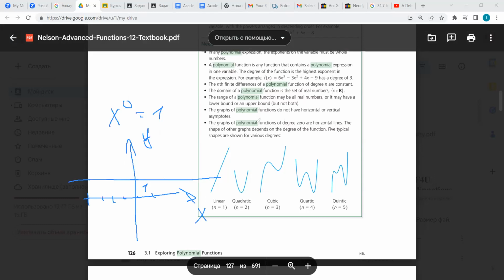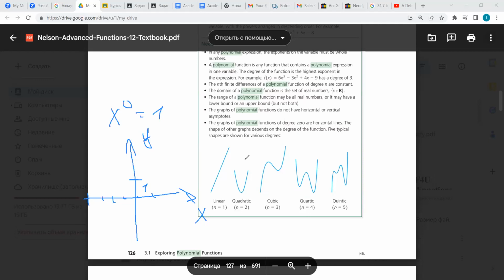The shape of the other graphs depends on the degree of the function. Five typical shapes are shown for various degrees. And let's take a look at it. It's really important to know the shapes of these graphs because later on we'll work with graphs and we'll have to find a corresponding polynomial function to it.